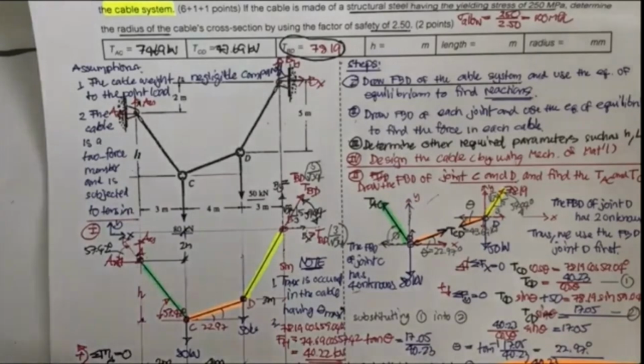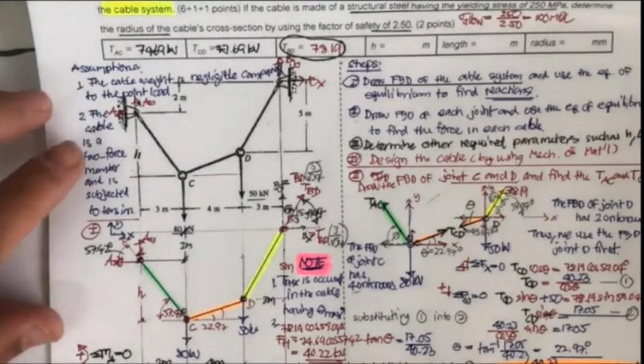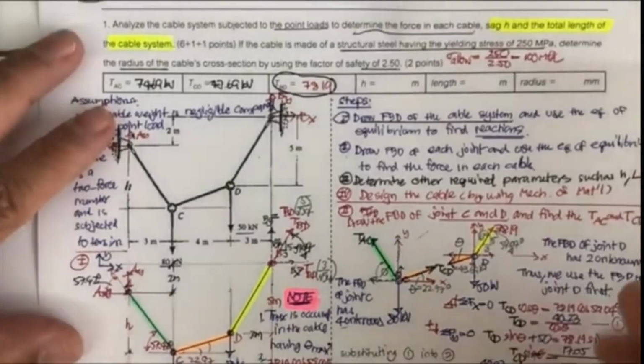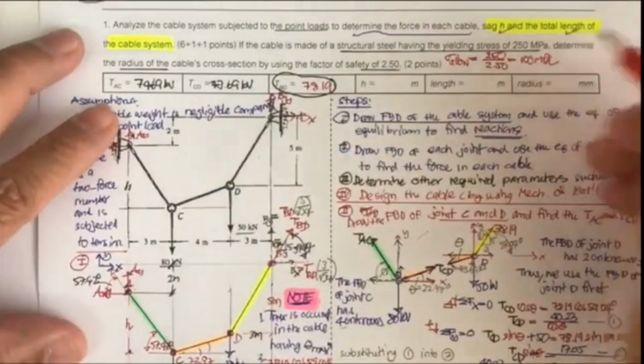Let me put this one here because we're going to use this observation in the cable subjected to the uniformly distributed load. Next, the problem asks us to find the H and the total length.